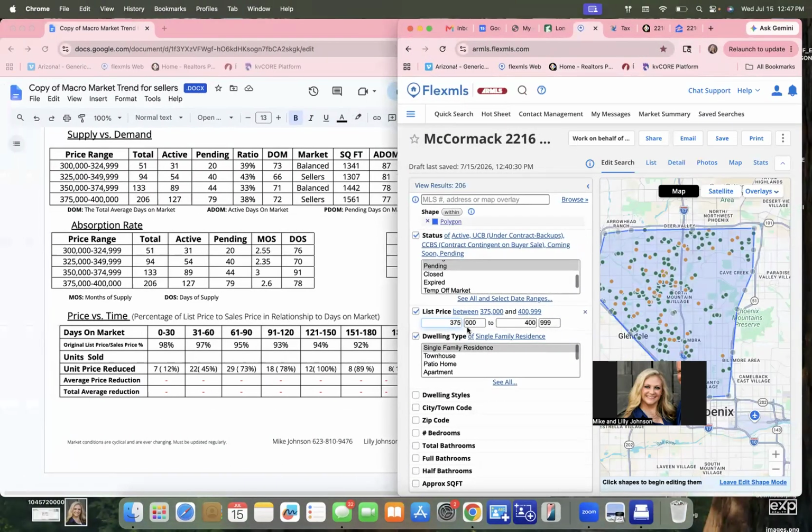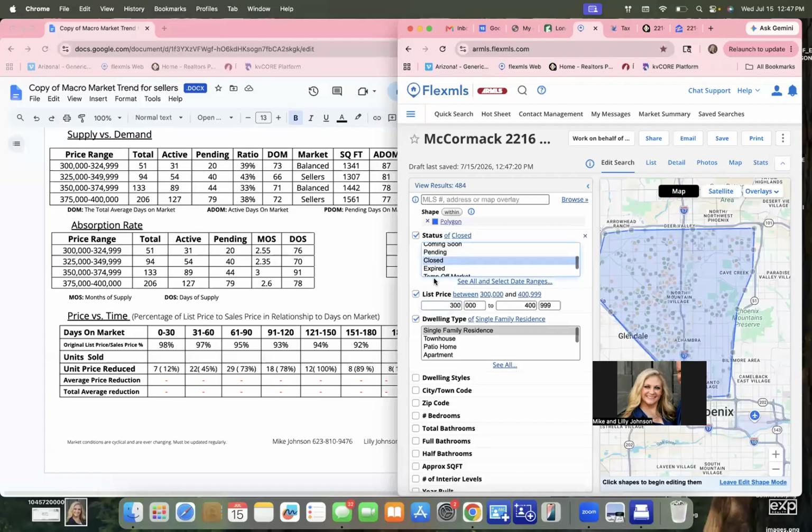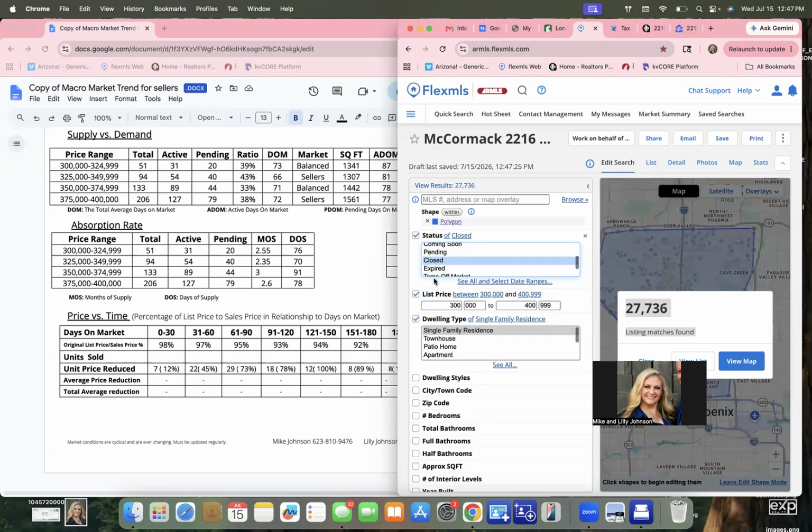I want to change it to 300 to 400, the whole shebang, and I'm only doing closed. So the price range is from the lowest figure to the highest figure. I'm using the same geographical search and my close date range of 180 days. I still have the same style of dwellings.